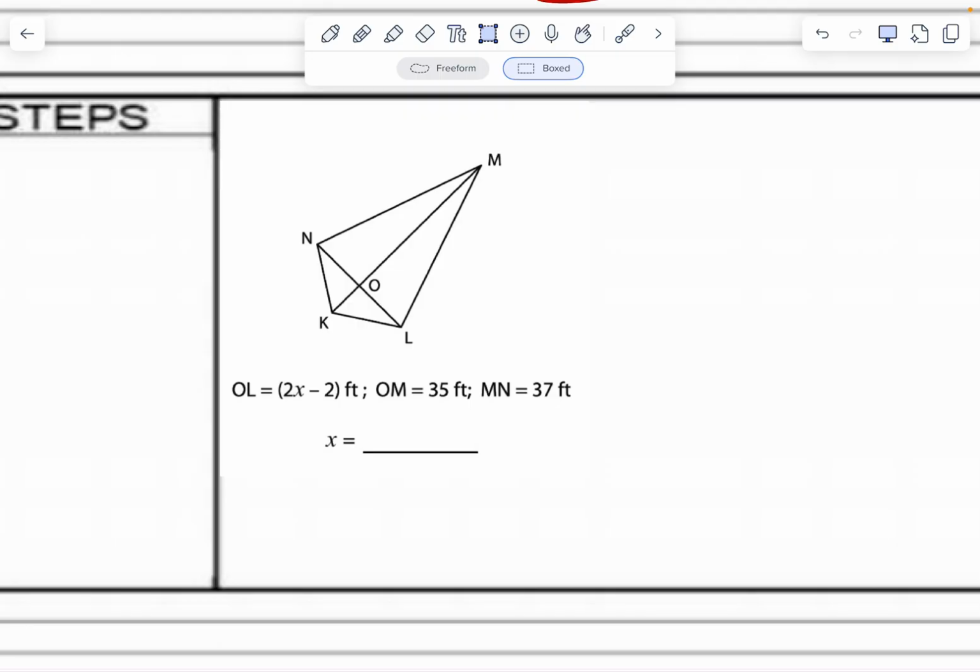First thing I would encourage you to make note of is this is lengths, not angles.